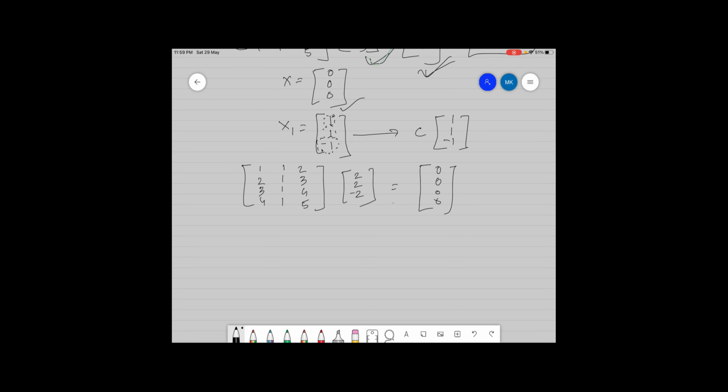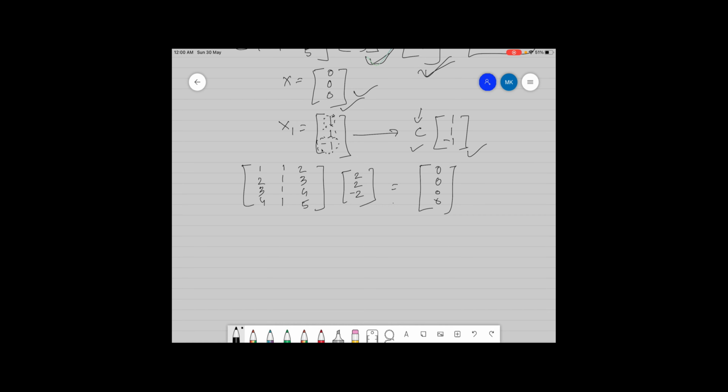And this is so beautiful that even the origin is inside here. If c has the value 0, then you will get all zeros, or the origin, from here.